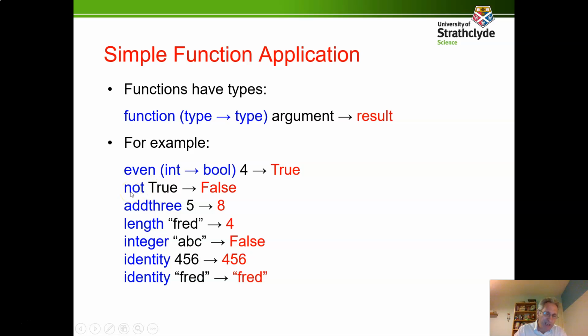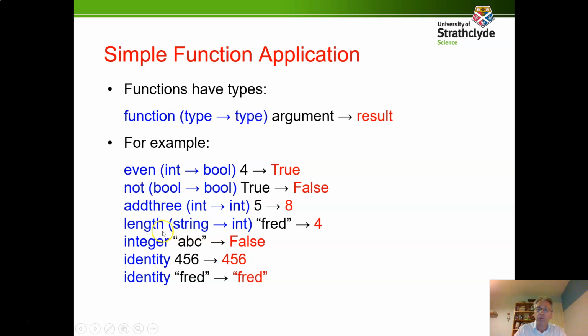Not, well, takes in a boolean, returns a boolean. So it's bool to bool. Add 3 takes in an integer and returns an integer. So int to int. All easy stuff so far. Length of Fred, well, that takes in a string and returns an integer. Now, when we get to integer of ABC, you may remember I said this can be of any type you like. So we've got a special symbol which means any type.